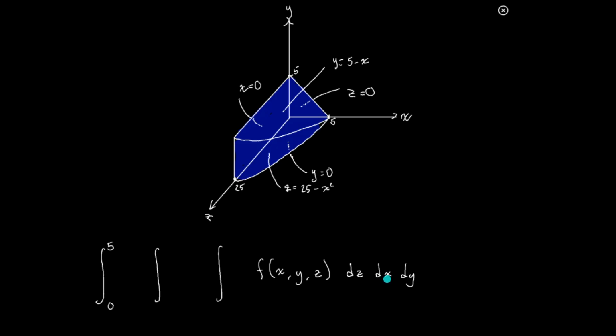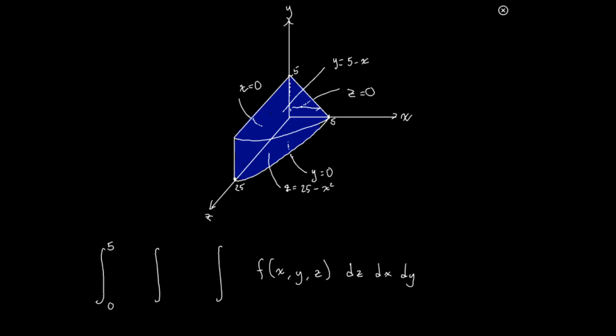Now x as a function of y, right? x as a function of y, not x as a function of z, just x as a function of y. What are my limits there? So we have our y values that we've already decided here. We're going out on the x to see where we run into whatever's next. And we hit this function right here. That function is y equals 5 minus x.